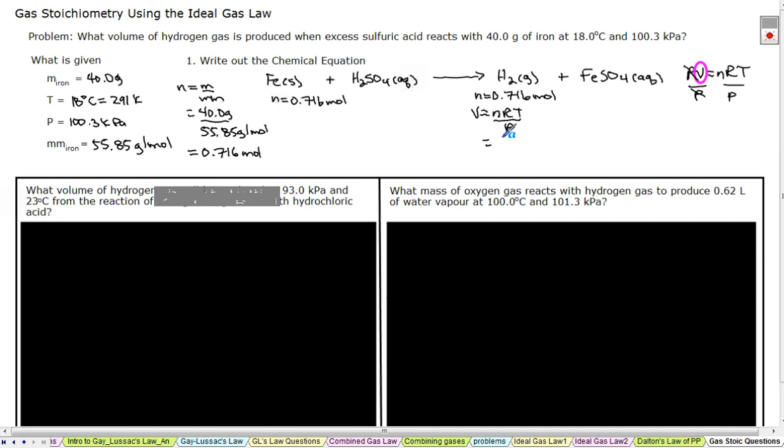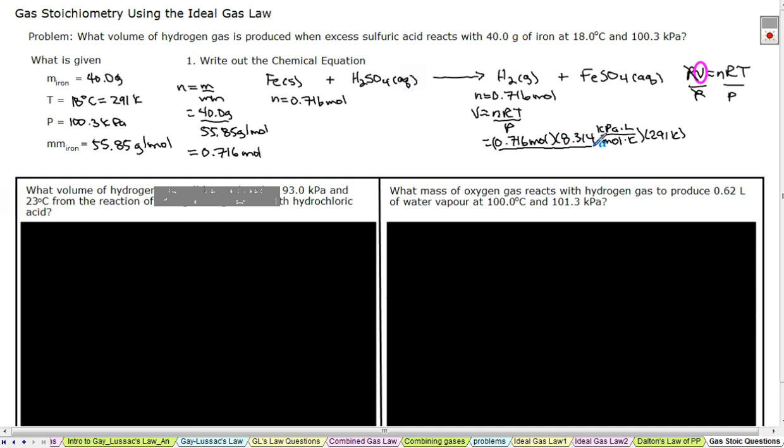So we'll quickly substitute everything in. 0.716 moles times 8.314 kPa liters over mole Kelvin times our temperature, which is 291 Kelvin.